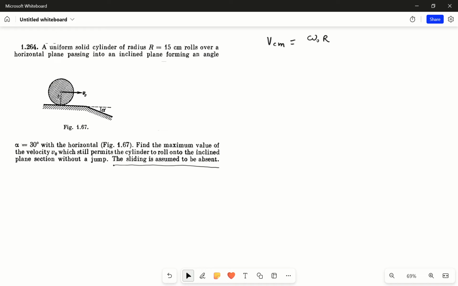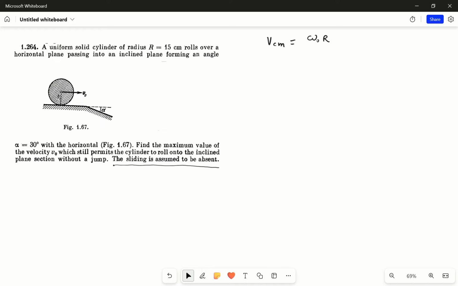Okay, so this is the given condition to us, and what we have to find is the critical velocity v naught by which it should be rolling on the horizontal surface so that it doesn't jump off the horizontal surface onto the inclined plane, right?